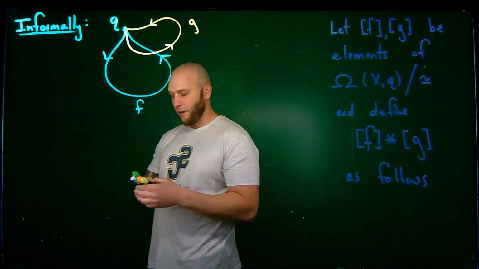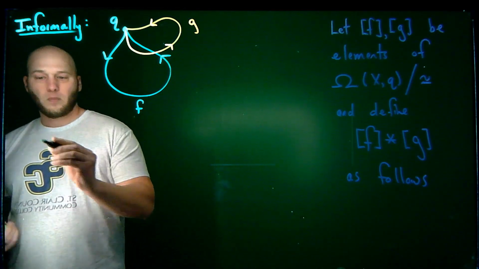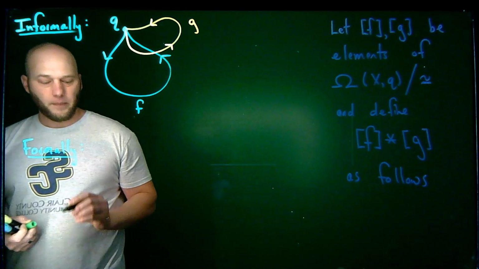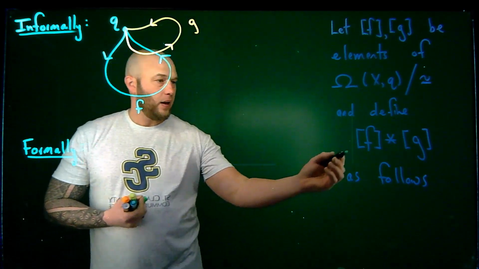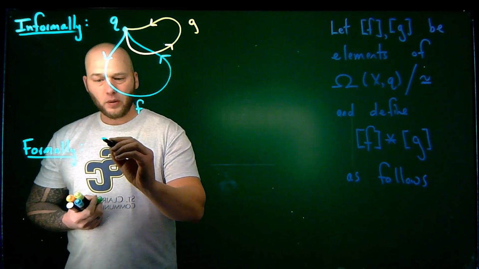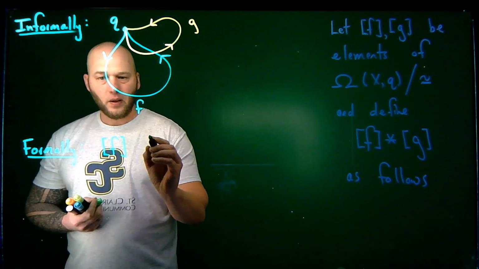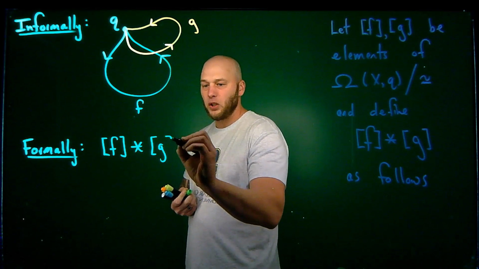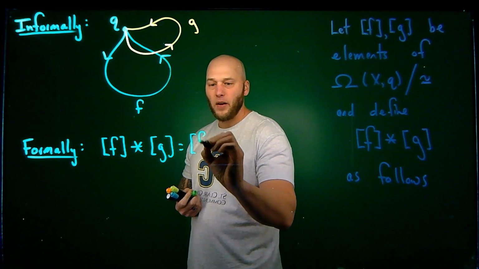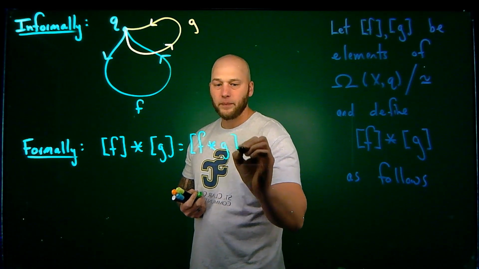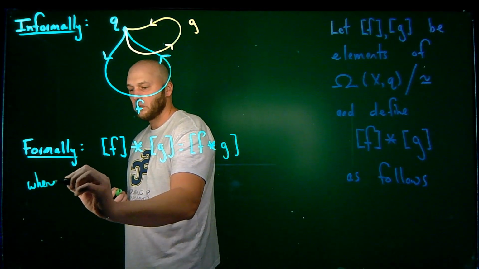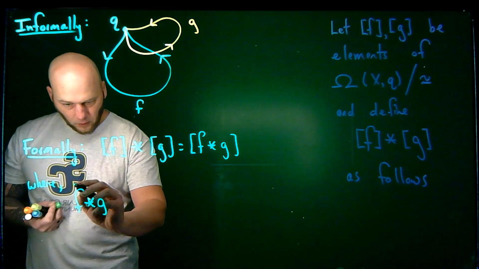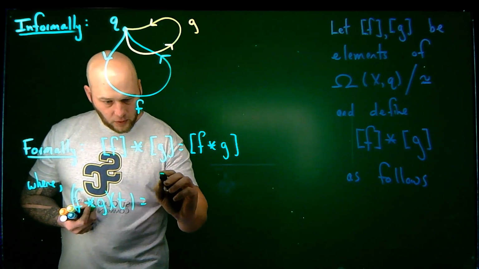Now let's do this in a more formal way. I'm going to define f star g as follows. The equivalence class of f times the equivalence class of g is equal to the equivalence class of f star g, where f star g of t is equal to the following.